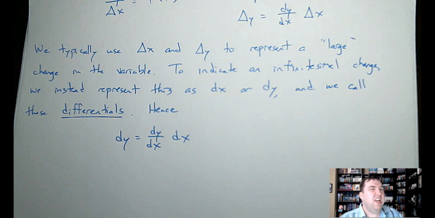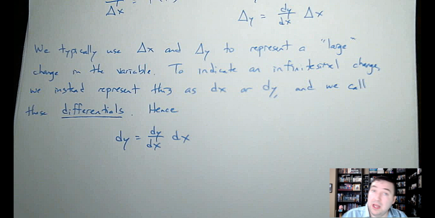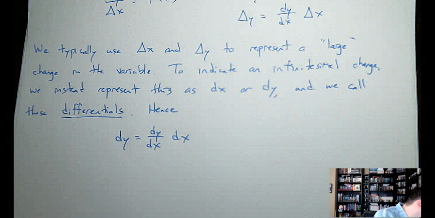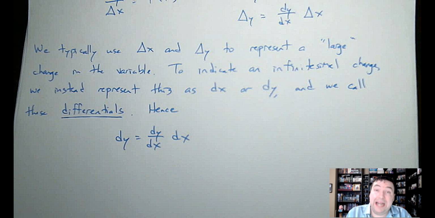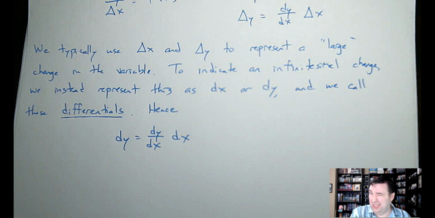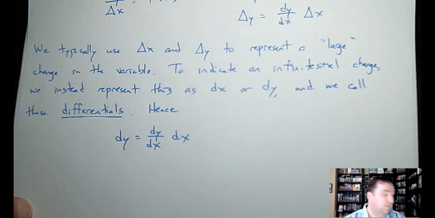which kind of puts the lie to something you may have been told in Math 1000. When Leibniz notation was first introduced, you were probably told that dy by dx is a single entity, that you can't treat it like a fraction and break it apart. And in principle, that is true. If we're representing a derivative, dy by dx is a single thing. It stays together. It's all basically one slightly complicated symbol to represent the derivative, the same way f prime of x is.